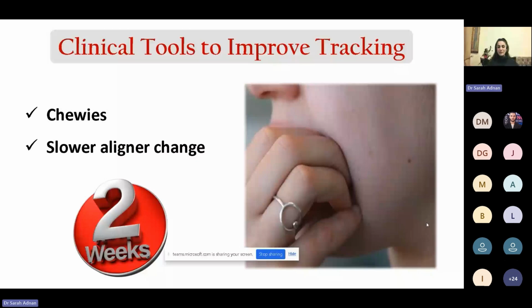There's a specific chewies protocol. The patient should use them at least 3 times a day for 5 to 10 minutes with intrusion, rotational tooth movement, and when bonding a new attachment or inserting a new appliance. Chewies help ensure a proper fit of the appliance. Proper fit means proper progress of the treatment and success of the case.